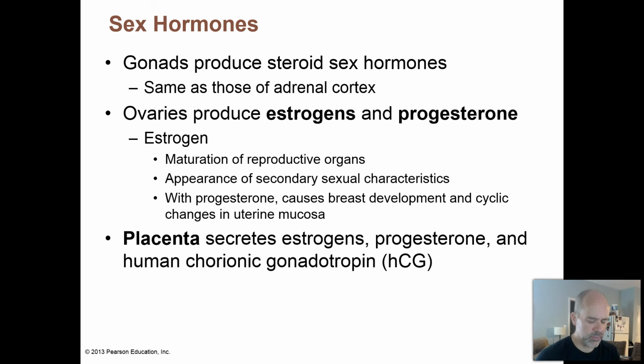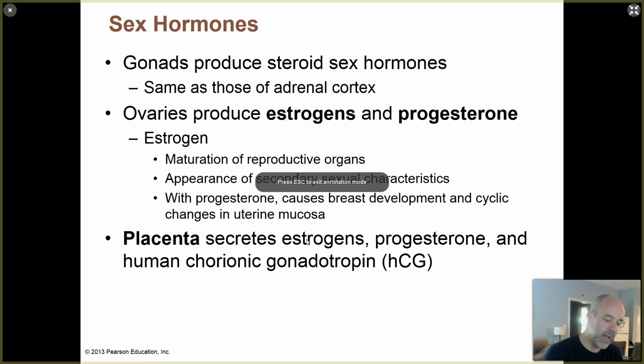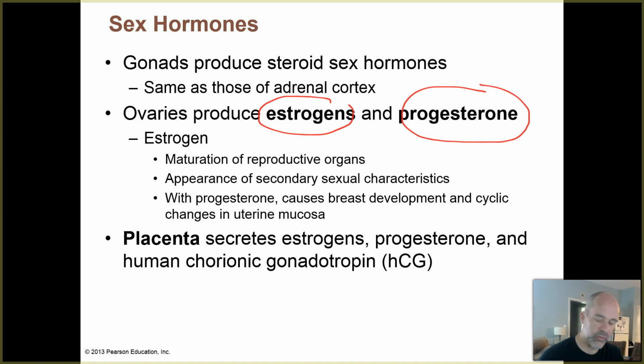So the ovaries produce estrogens and progesterone. Progesterone is a hormone that's very important for pregnancy and some of the changes that occur with that. Estrogens are the main female sex hormones, involved in female sex characteristics and maturation of the reproductive organs in a female.